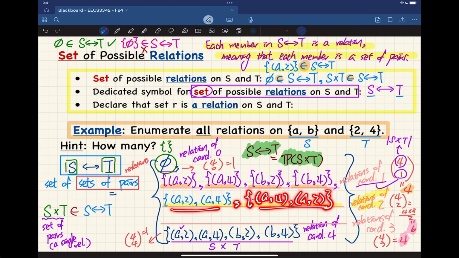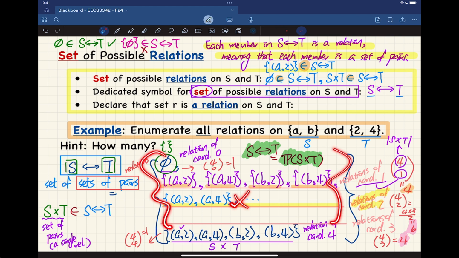The choose operator is going to be 4 times 3 divided by 2, right? This 2 over here, like what I explained last time, makes sure that even though they appear in different orders, which could be different sequences, as far as a set is concerned, you divide by 2 factorial to get rid of the duplicates. So they will not appear in the same set over here. Does that clarify your concern?